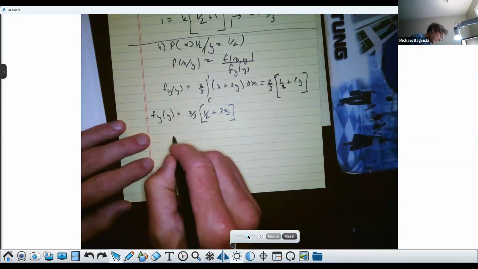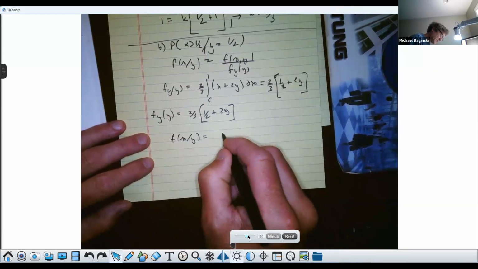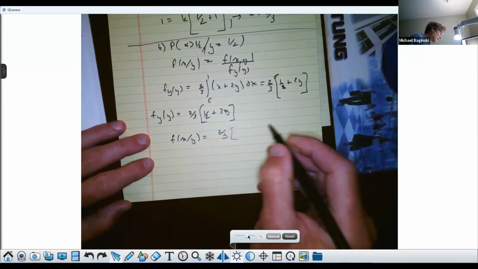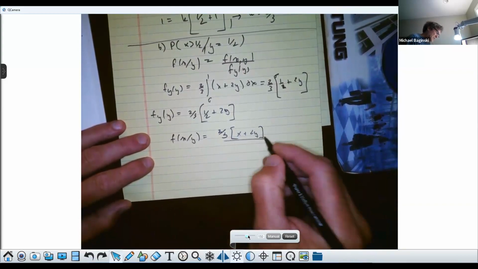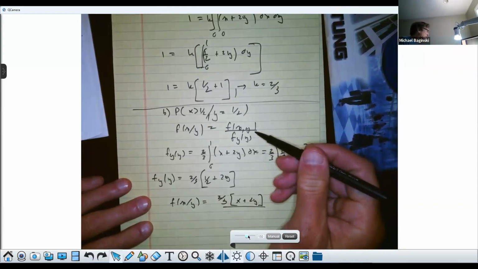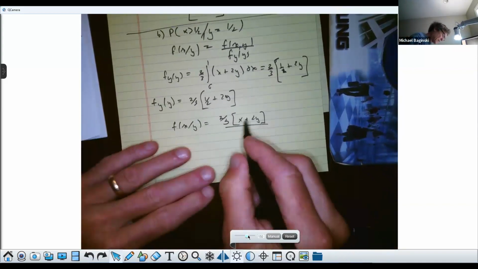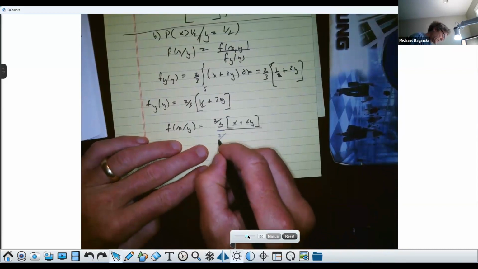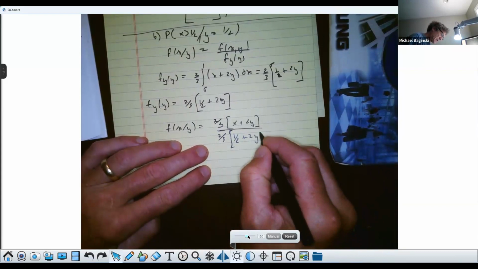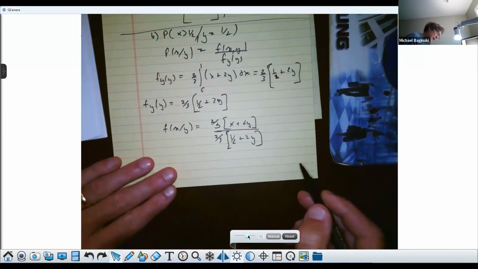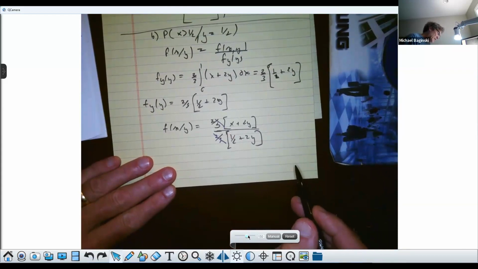Finally, I get my f of x given y, which is f of x, y, which is 2/3 times x plus 2y. I'm just taking f of x, y divided by f_Y of y, and that's 2/3 divided by 1/2 plus 2y. So the 2/3 cancels. And then I know that y is equal to 1/2.